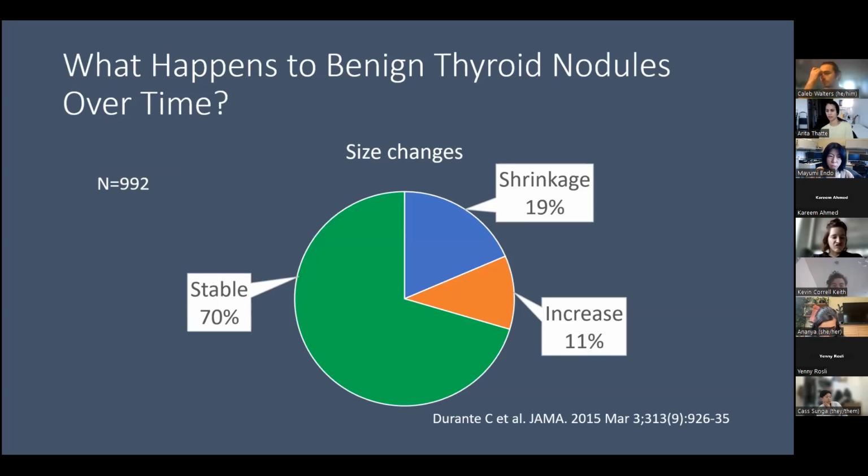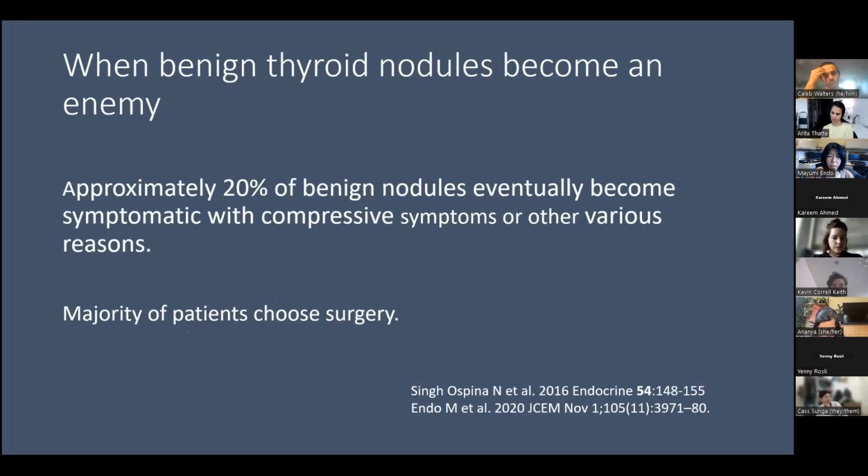His question is, what's going to happen to these benign thyroid nodules? Turned out 70% of thyroid nodules do not change in size at all. Some actually shrink. However, about 11% will keep increasing in size. And 20% of benign thyroid nodules will eventually become symptomatic because they start compressing the trachea and esophagus.